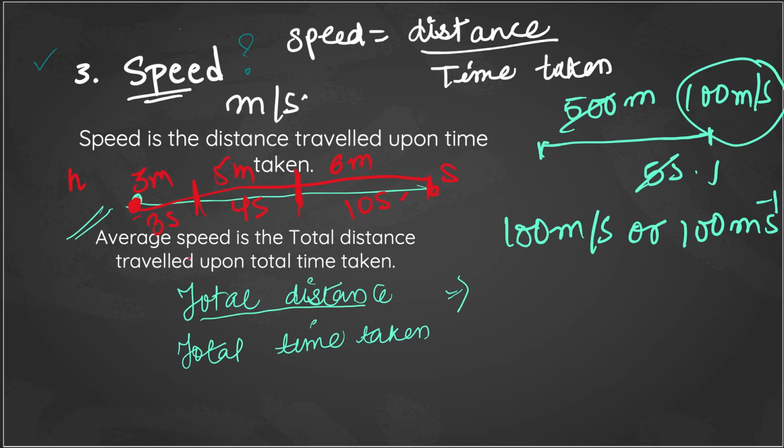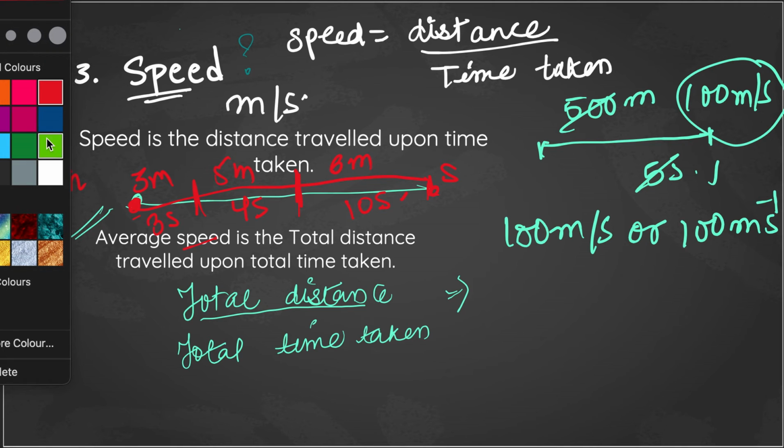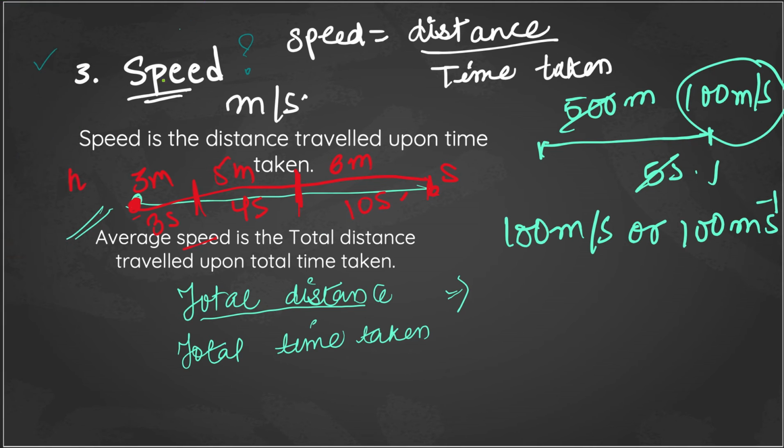So what will be my average speed? The formula of average speed says total distance upon total time taken.